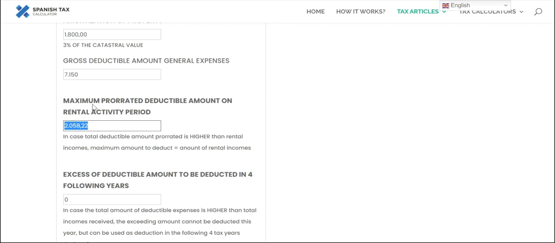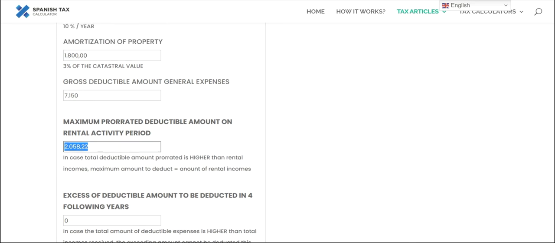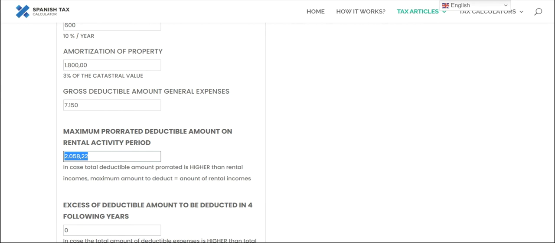What I mean is all these concepts make a total addition of 7,150, but prorated to the time in which the property has been rented, it gives us a result of 2,058 euros. Please consider that this amount is not a simple calculation on the prorate of the time.